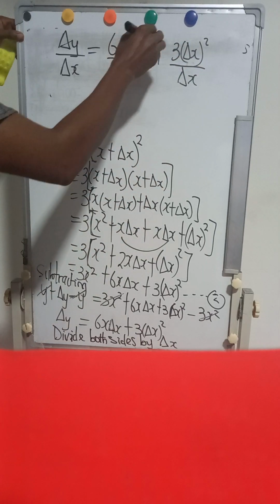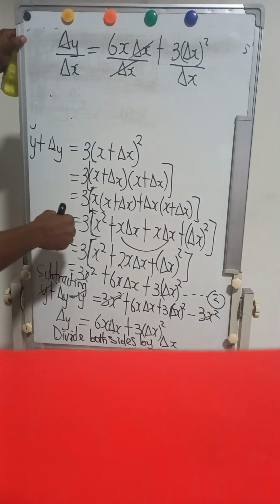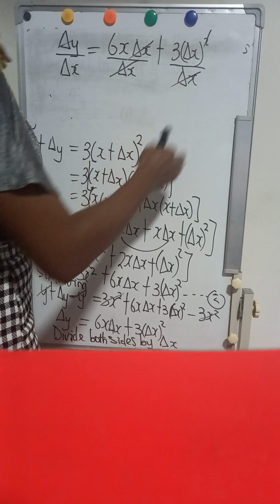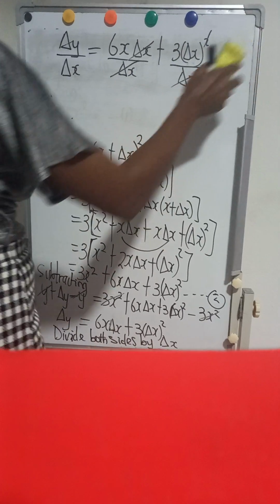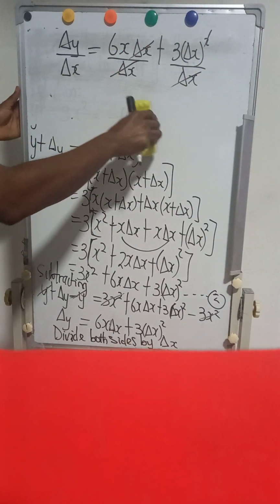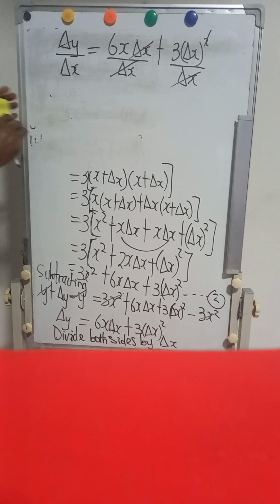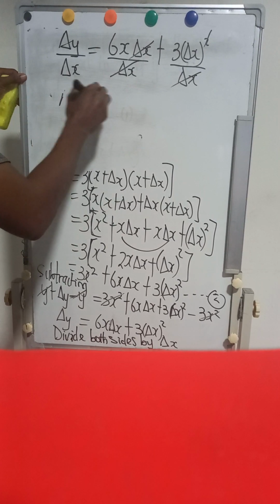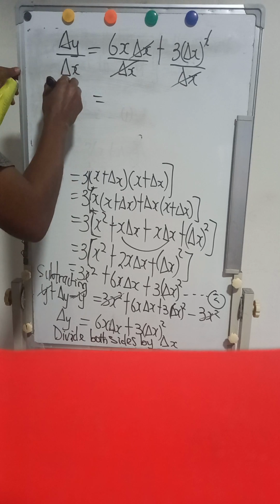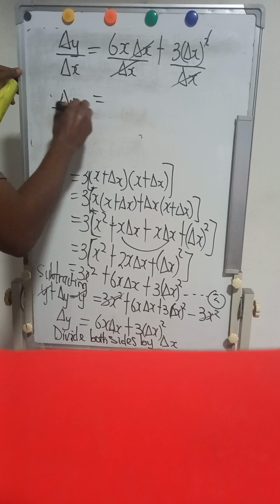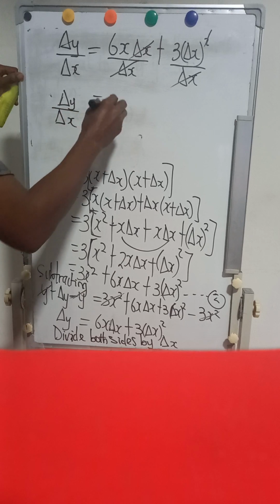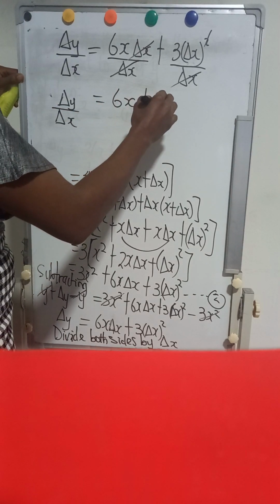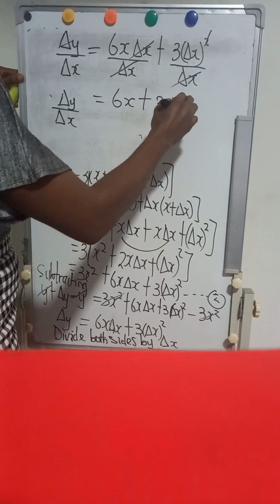So delta x here will cancel delta x, and delta x here will cancel one of the delta x. Remember, it's squared, so meaning 2 of it. If that happens, we are left with delta y over delta x equals 6x plus 3 delta x.